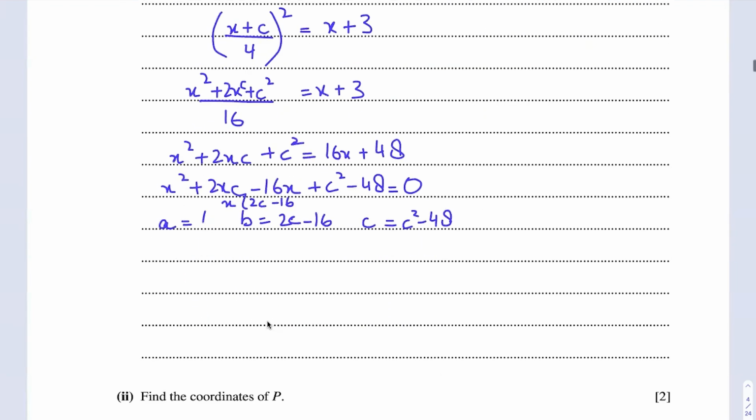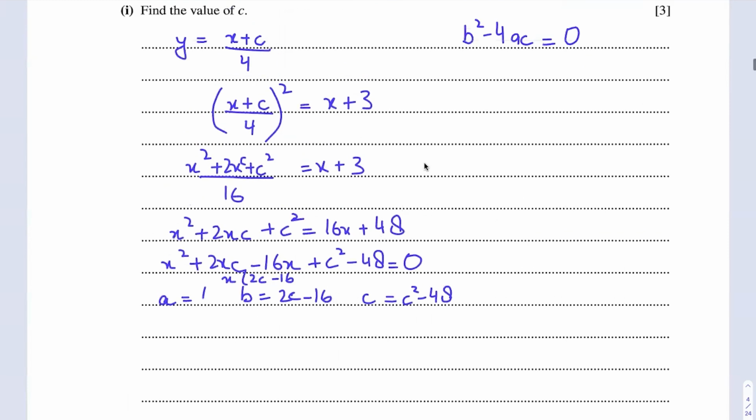Now using the discriminant b squared minus 4ac, b is 2c minus 16. So 2c minus 16 whole squared minus 4 into 1 into c squared minus 48 equals 0.